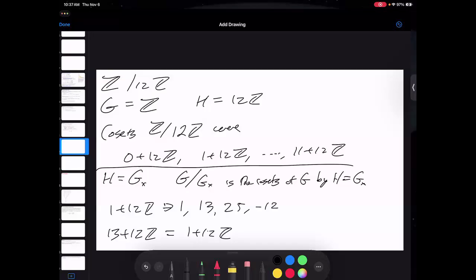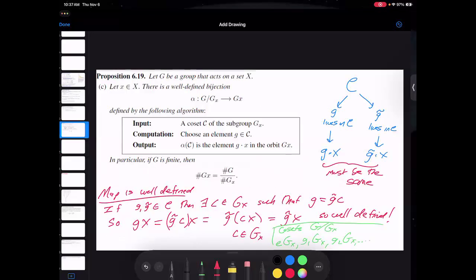So the coset is the input. When we have this map, the input is the cosets, and the output is in the orbit.